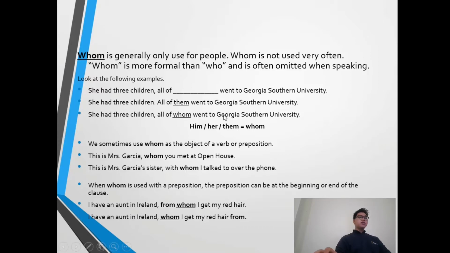All of them went to Georgia Southern University. There are 2 sentences, 2 clauses. Then we put in the relative pronoun whom: She had 3 children, all of whom went to Georgia Southern University. Okay, you get it?